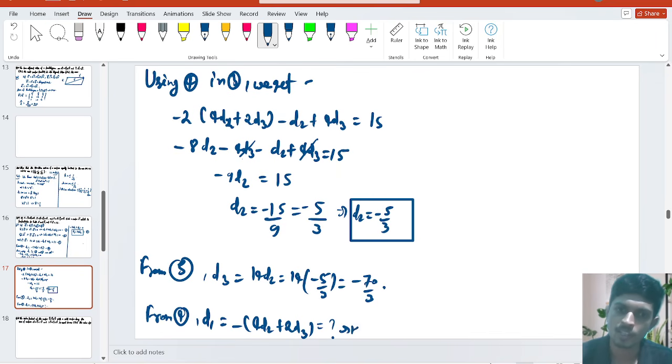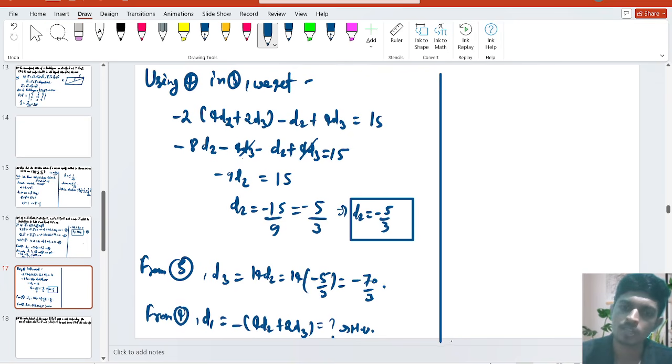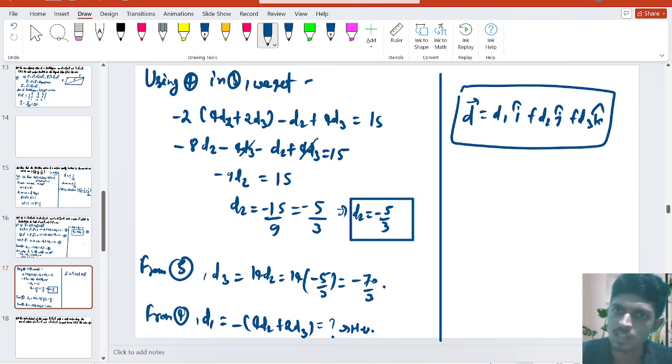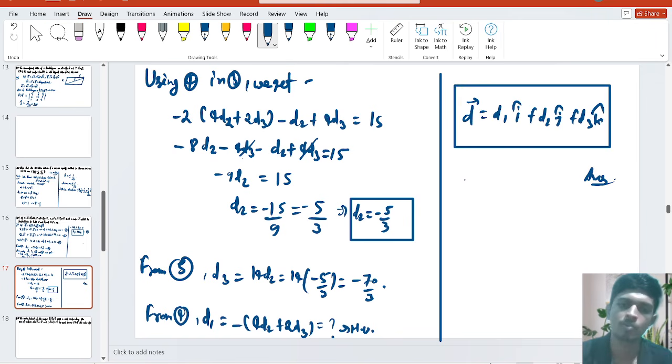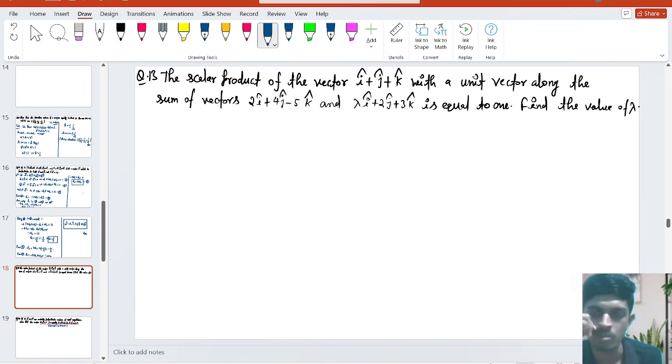Solve this as homework. After solving this, D1, D2, D3, you get vector D, which is D1 i cap plus D2 j cap plus D3 k cap, and using this you get your answers. I hope it is clear to you. So this is our final answer, putting the value of D1, D2, D3 here. Okay, so simplify, taking it as homework. Please comment your answers in the comment box.